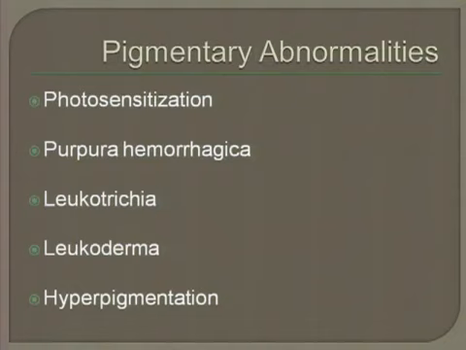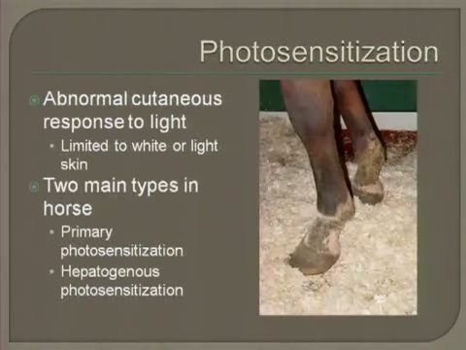All right, let's move on to pigmentary abnormalities. So, photosensitization. This is an abnormal cutaneous response to light, and it is limited to white or light-colored skin. There are several different kinds of photosensitization that exist just in general, but in the horse there are really two types.